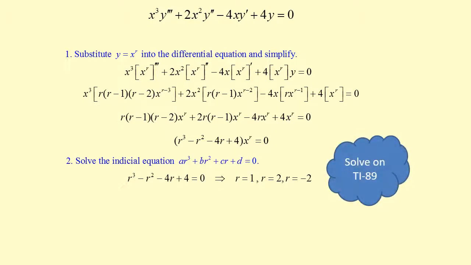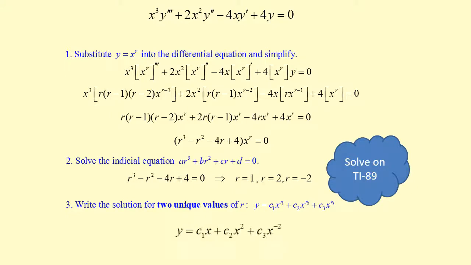If we solve this on a calculator, we get the three solutions, r equals 1, r equals 2, and r equals negative 2. Very similar to what we did with the quadratic, where we had two distinct solutions, we now have three distinct solutions. The format of the answer is the same, only this time we have three terms: x to the 1, x to the 2, and x to the negative 2.